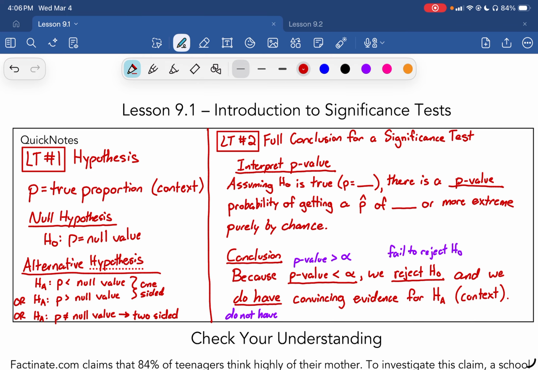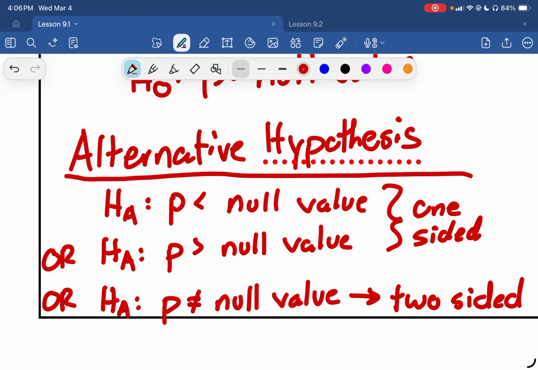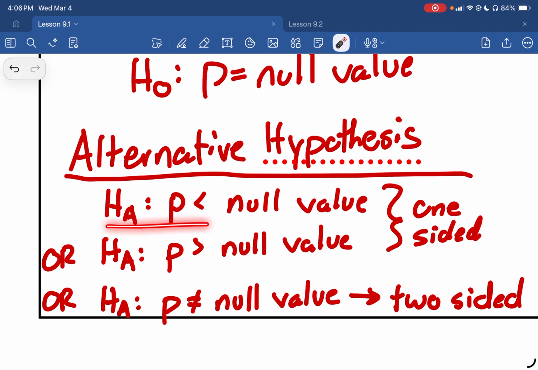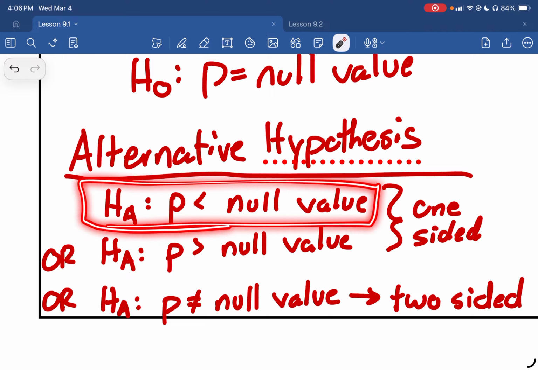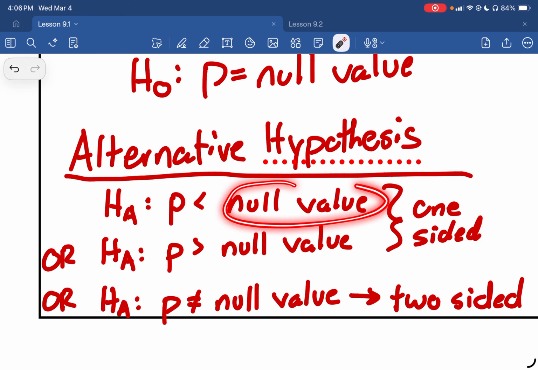Our alternative hypothesis, and I'm going to zoom into this, that looks scary. You will not have three alternative hypotheses. You have one. What this is saying is that you can either have an alternative hypothesis where our true proportion is less than the value we think it is, or greater than.